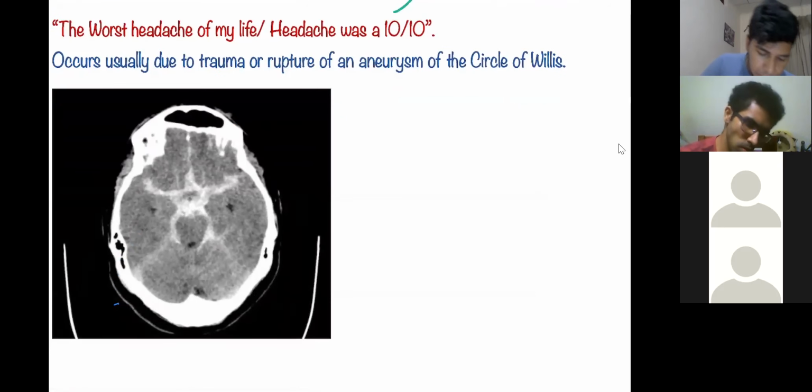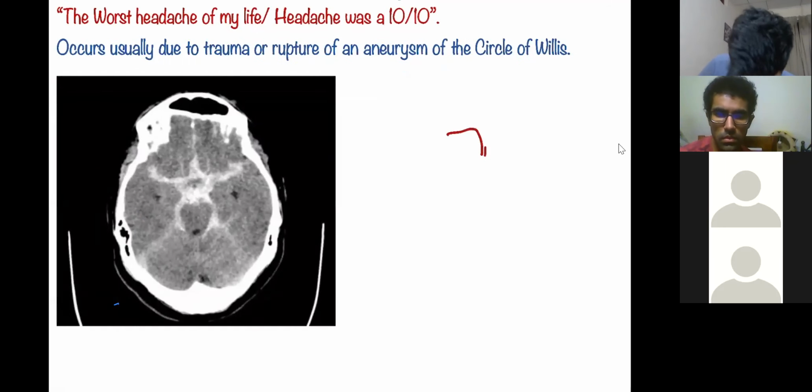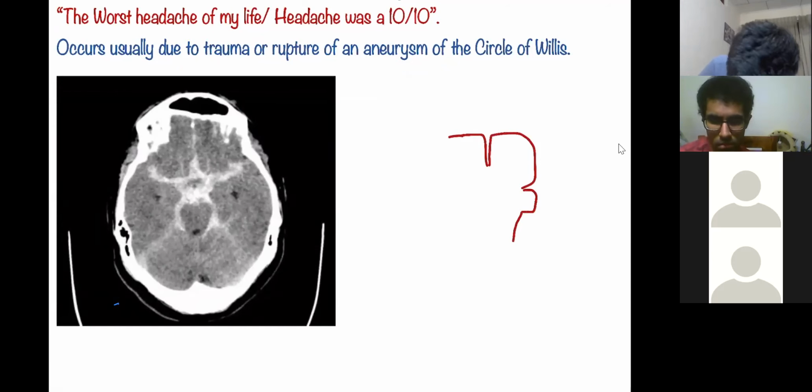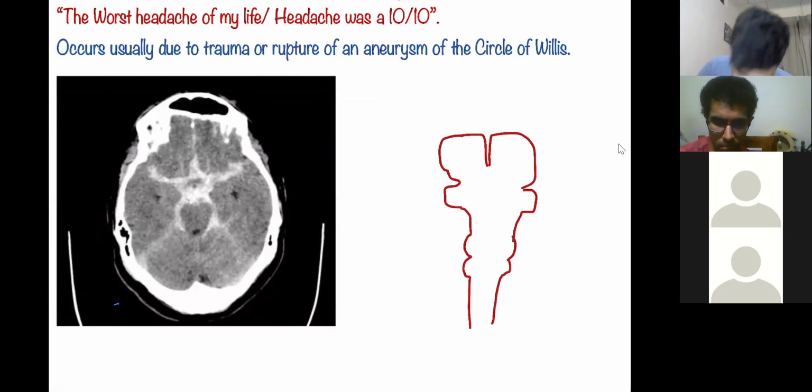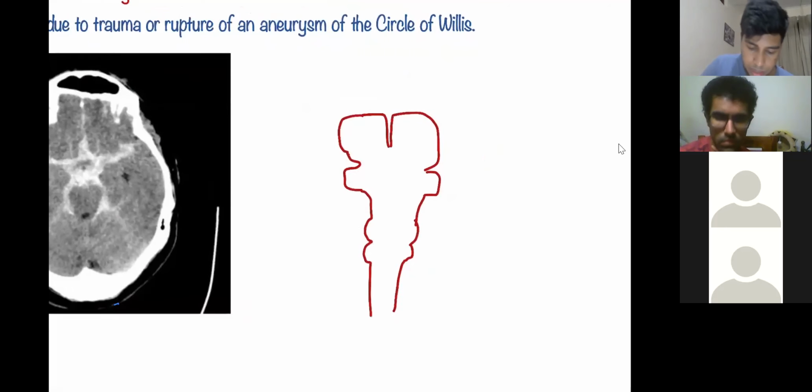And this thing, I have been saying it like a mantra. The brain floats in CSF. If you have any doubts about this diagram which I drew, cerebral hemisphere, the temporal lobes, this is the midbrain, pons, medulla, and spinal cord.